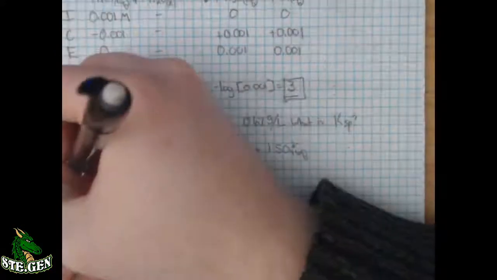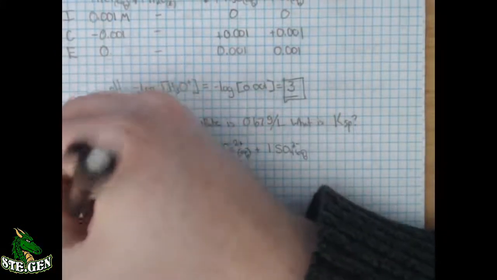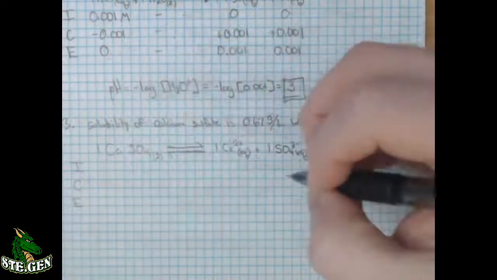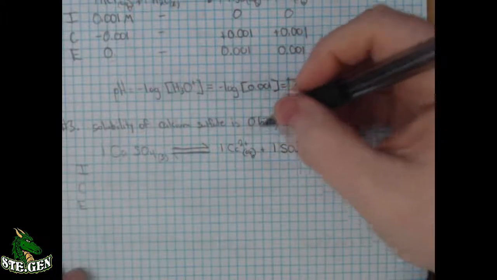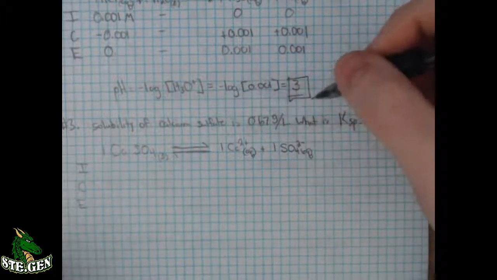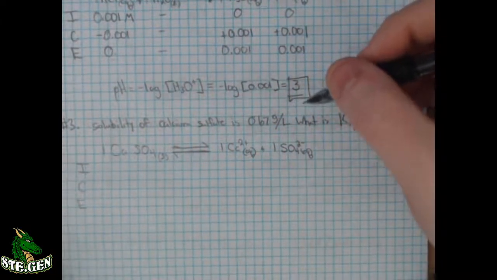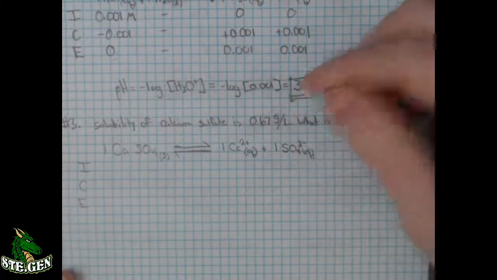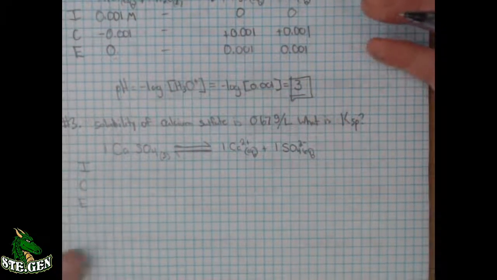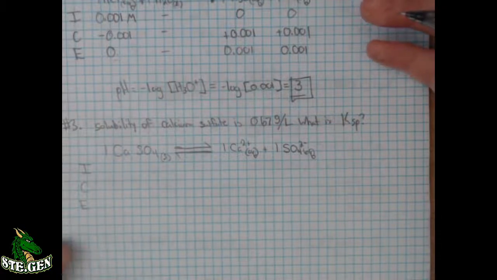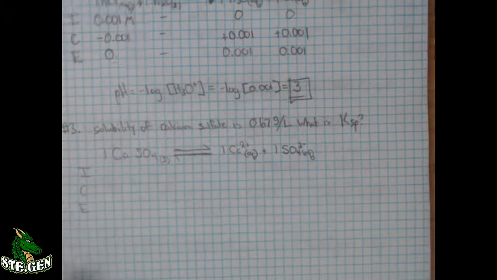Now, if we set up our ice table, we run into the problem that normally we've been using molarity, and we don't have a molarity. However, the question just tells you what the solubility in general is. It doesn't give you a specific amount. So you are allowed to assume whatever you want for that solubility. Like you could be saying, let's talk about 35 liters, or 25 liters, or 9,867,254 liters.